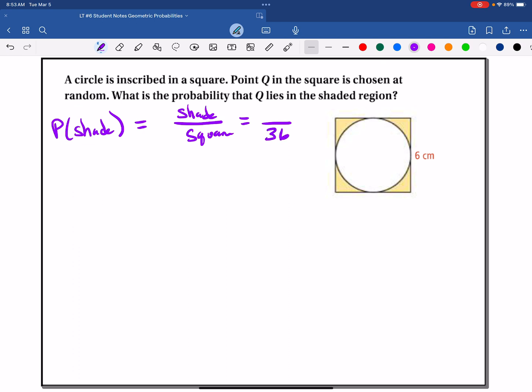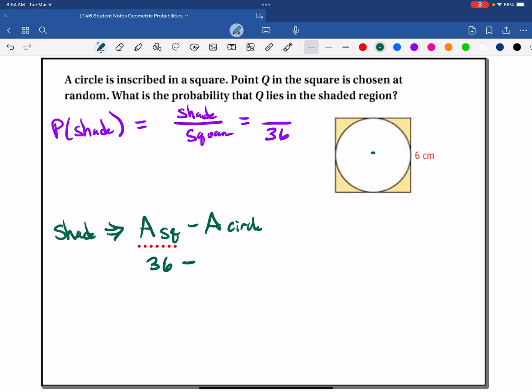That's 36. But we've got to get the shaded region. So to get the shaded region, we've got to take the area of the square, subtract the area of the circle. So the area of the square is 6 times 6, 36, minus the area of the circle.